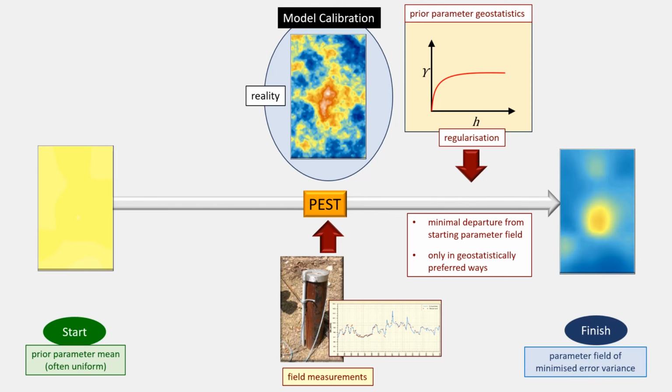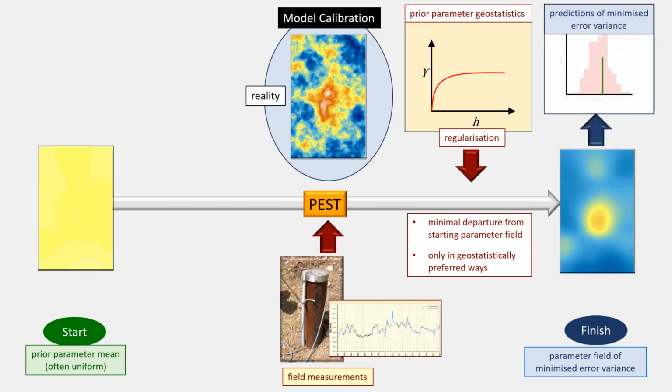So if we do everything right, we then end up with a minimalist, minimum error variance parameter field that hopefully allows us to make predictions of minimum error variance. Now this doesn't mean they're right. This doesn't mean that the error variance is even particularly small. It just means that it's as small as it can be given the information content of the data. We've made our potential for error symmetrical with respect to any predictions we're making. So that, in a nutshell, is model calibration.